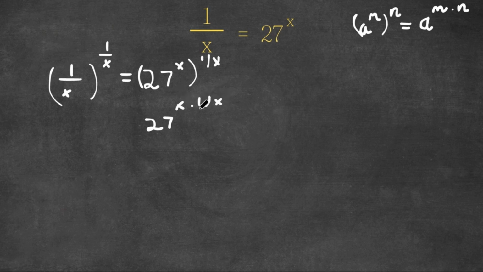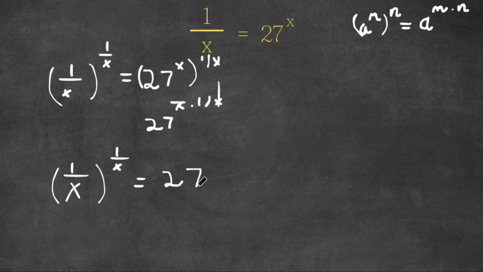For x times 1 over x, these x's simply cancel out, and we are simply left with 1. So this would be (1 over x) to the power of 1 over x is equal to 27 to the power of 1.